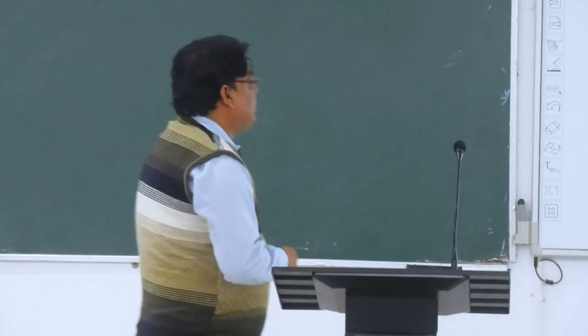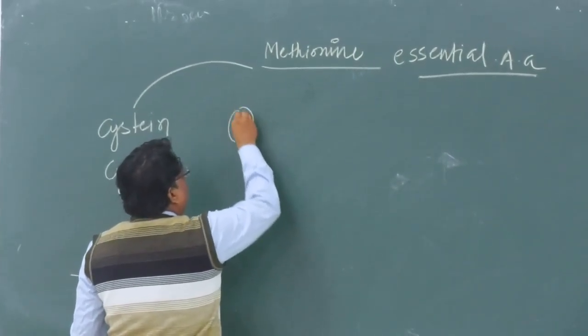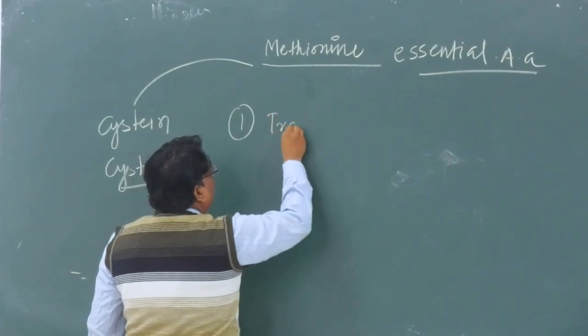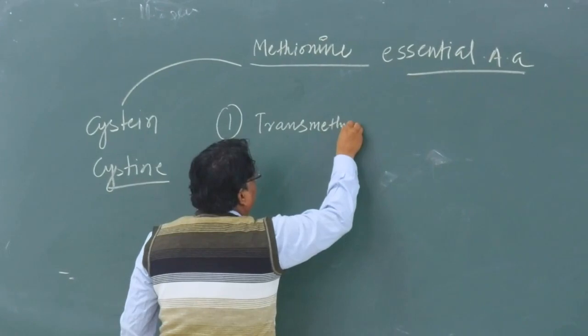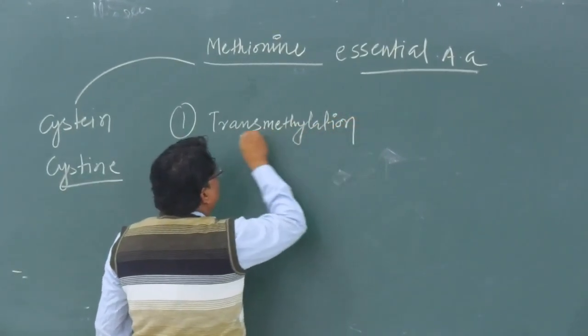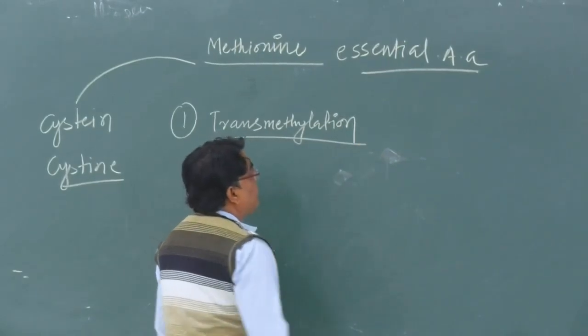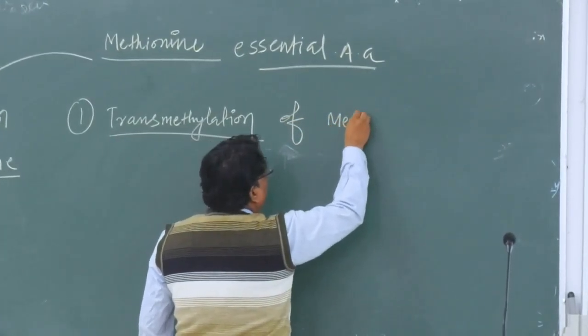The first one is transmethylation of methionine.